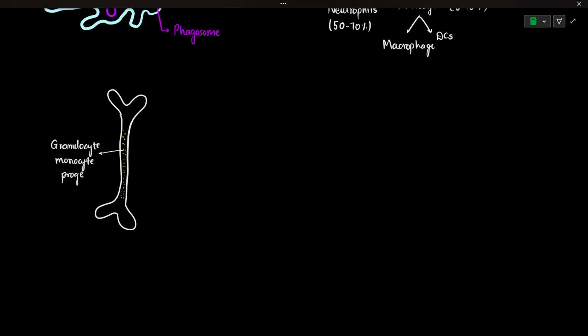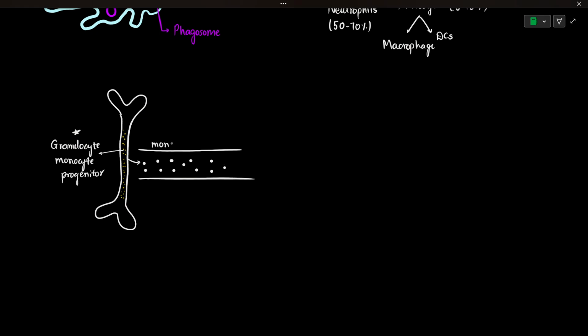Okay, so hematopoietic stem cells differentiate into progenitor cells in the bone marrow itself. Once they get differentiated into progenitor cells, these progenitor cells will get matured in the circulation to form the blood cells. So when they get matured, they will be circulated in blood.